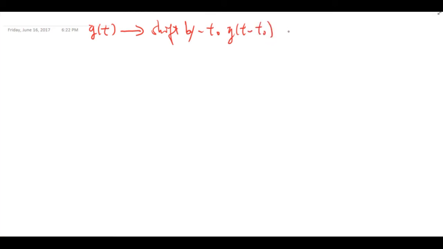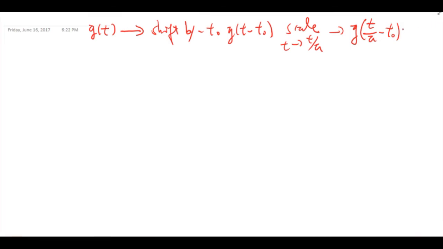Then if we scale it, scale by t over a, we replace t by t over a, then we'll get g(t over a minus t0).